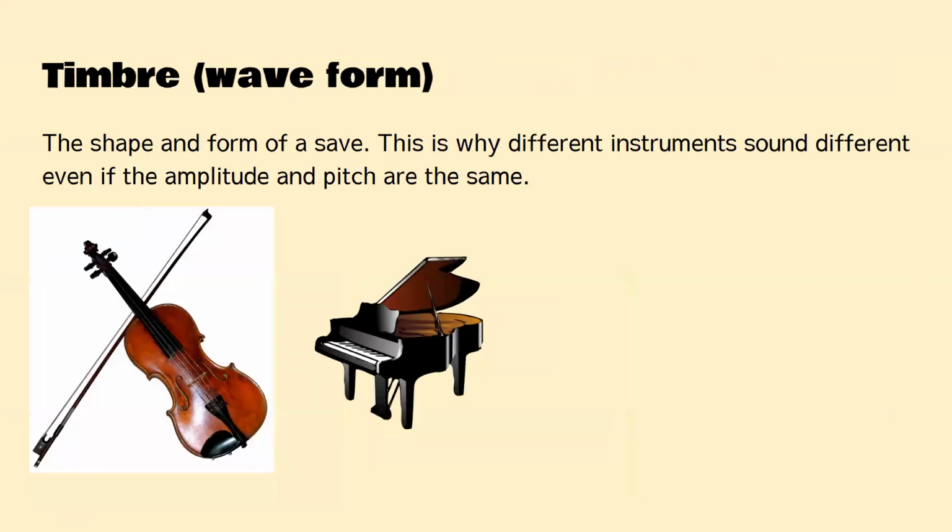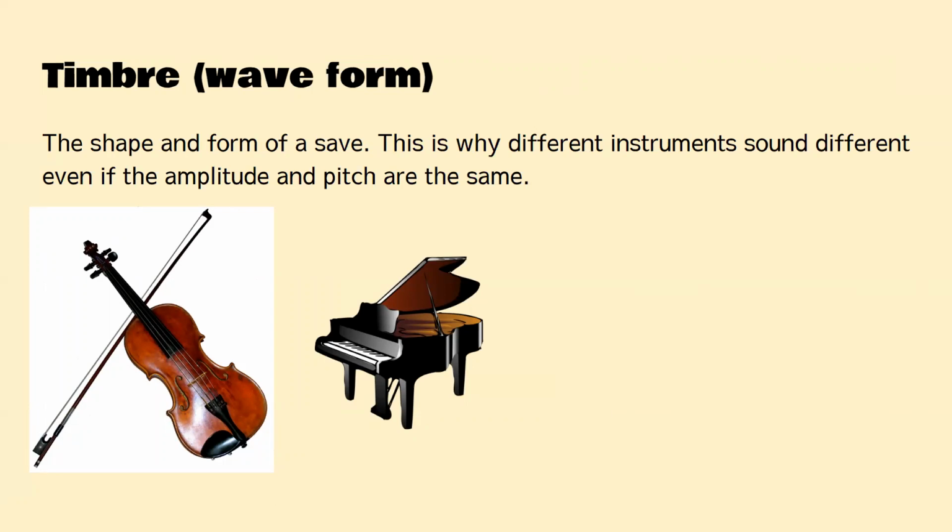Okay, timbre. This is really pronounced timbre, but this is also known as waveform, and this is the shape and form of a wave, not a save. Sorry about that.